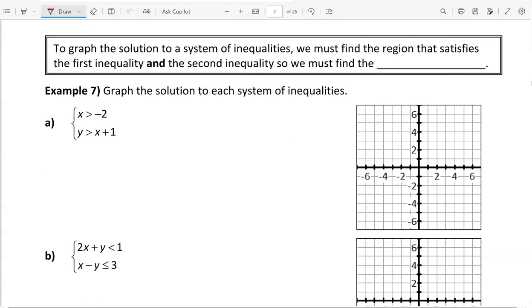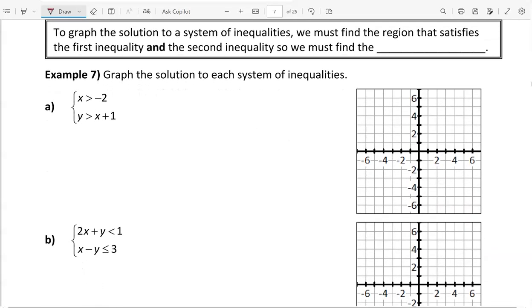For the next portion, we're going to graph a system of inequalities. And so we need to find the region that satisfies the first inequality and the second inequality, or find their intersection. So we can start by graphing each of the original inequalities. Our border line for the first inequality is x equals -2, which is a vertical line.